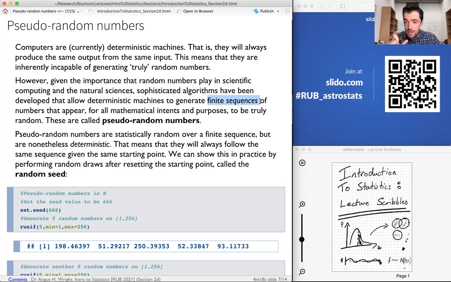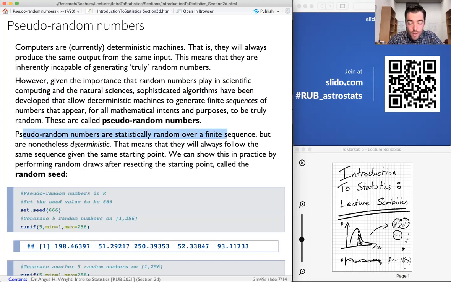They have some periodicity, some repetition over time, but in discrete chunks, they appear truly random. Okay, for all mathematical intents and purposes. Pseudo-random numbers, like I said, are generated over a finite sequence, but they are still deterministic.